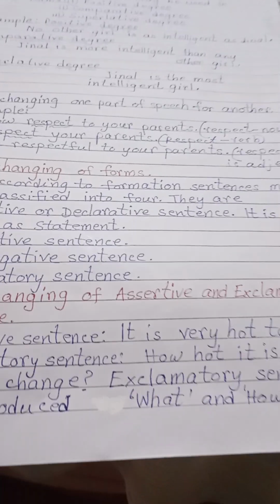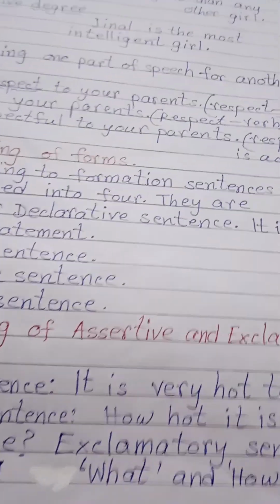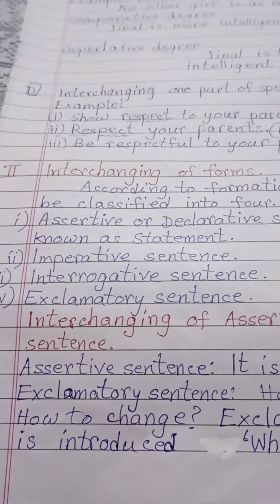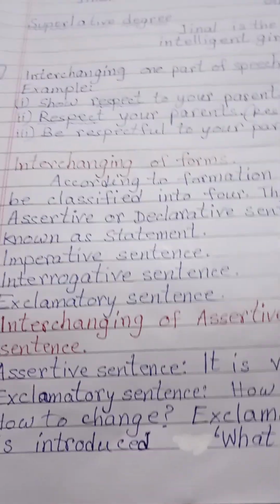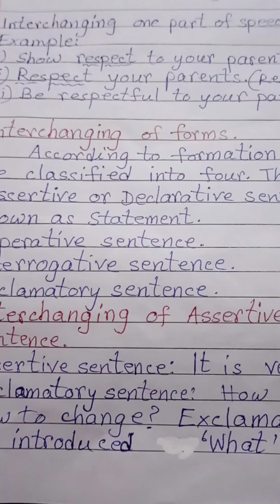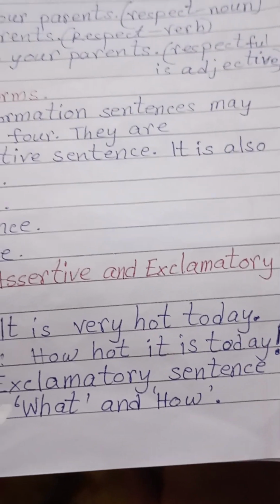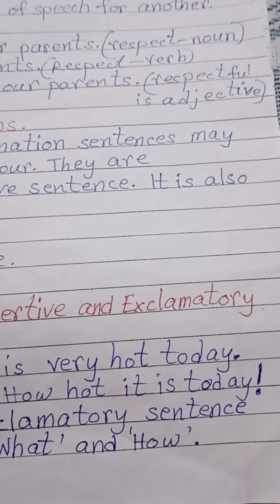So, how to interchange the assertive sentence into exclamatory or from exclamatory to assertive sentence, I am teaching. Assertive sentence example, it is very hot today. Now, we can change the assertive sentence into exclamatory. How hot it is today! Exclamation sign.